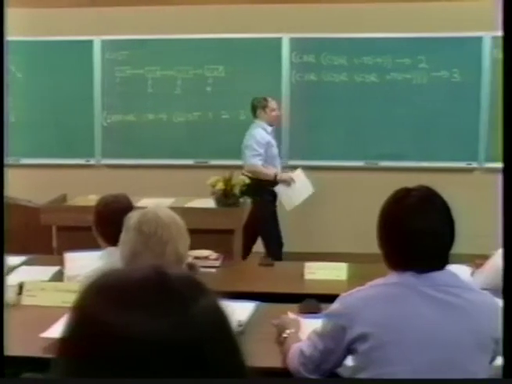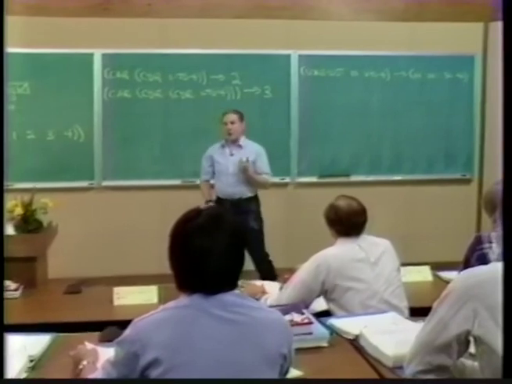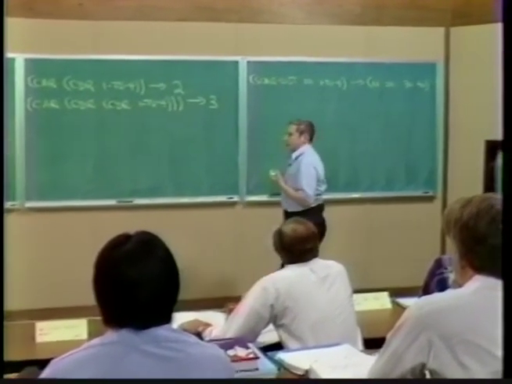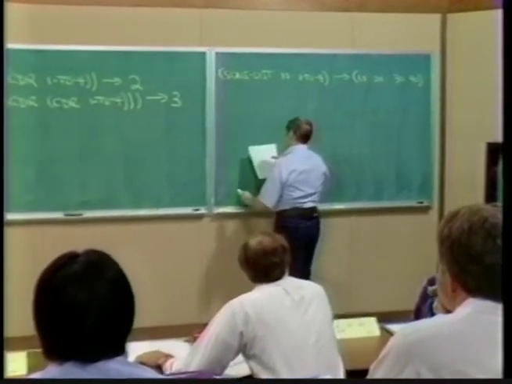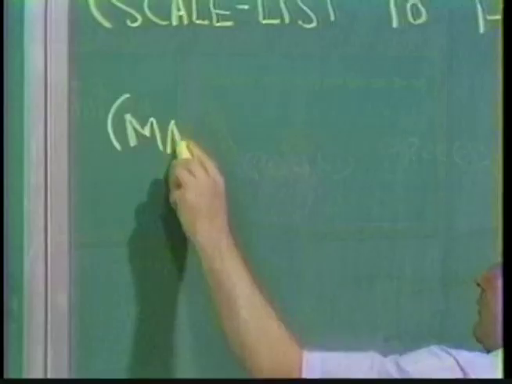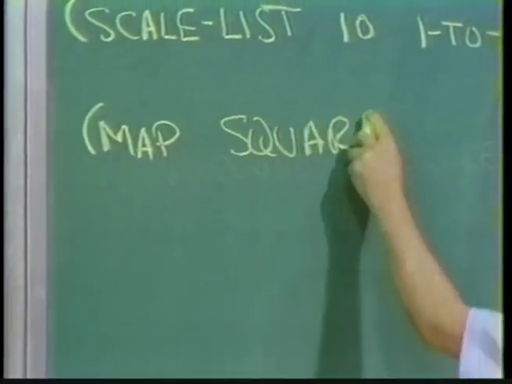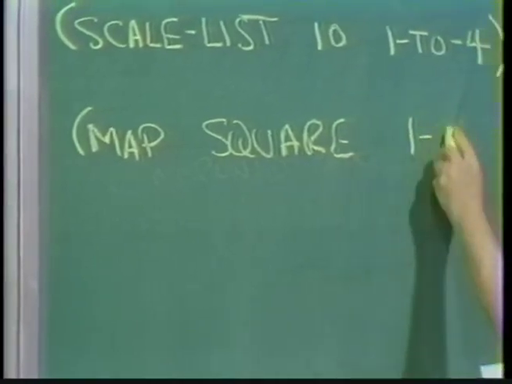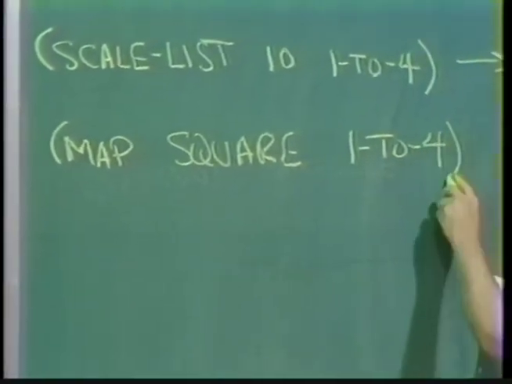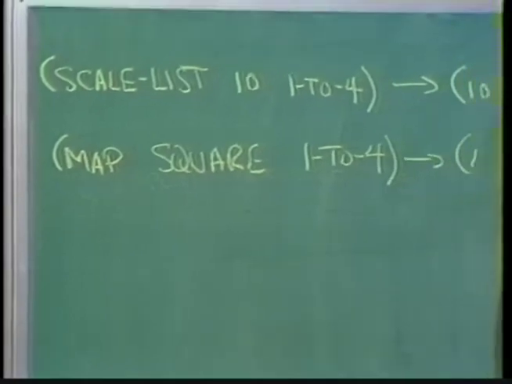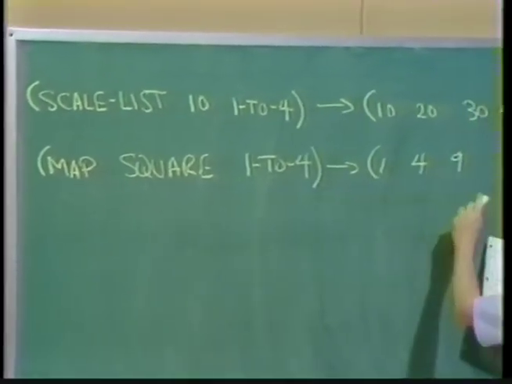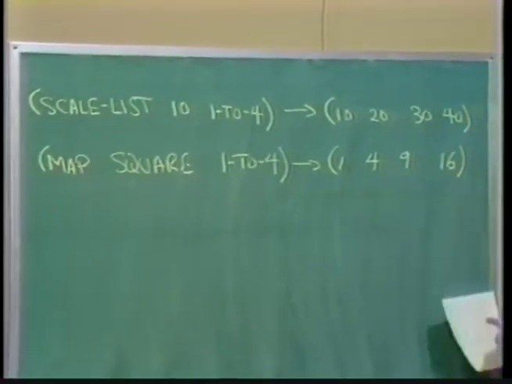And of course, one of the values of doing this is that you start to see commonality. Right, again, you're capturing general patterns of usage. So for instance, if I said map the square procedure down this list 1 to 4, then I'd end up with 1, 4, 9, and 16.